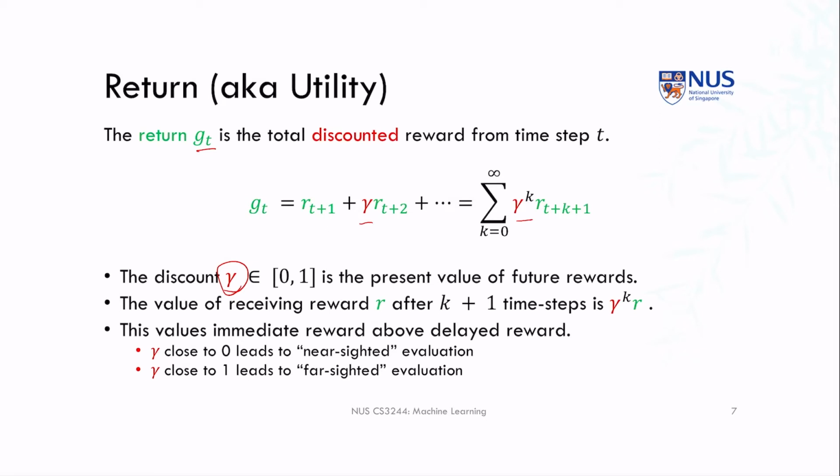So we're just going to say I'm going to add the reward at time t plus 1, t plus 2, t plus 3, all the way to the end, where I might have an infinite number of time steps.